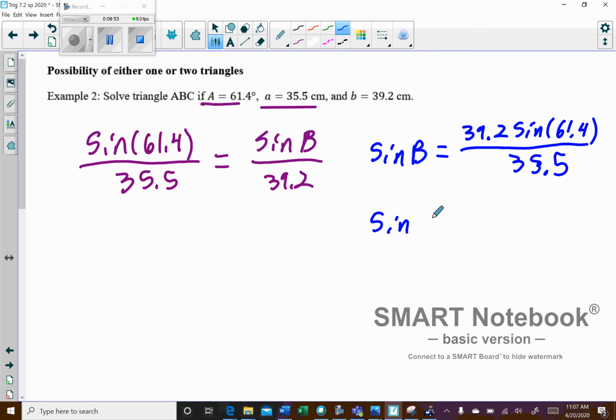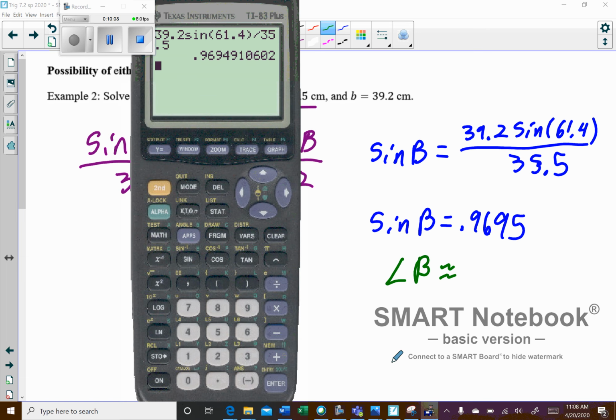So sine of B equals 0.9695. So we'll take the sine inverse of that so we can get that angle. So sine inverse of 0.9695.